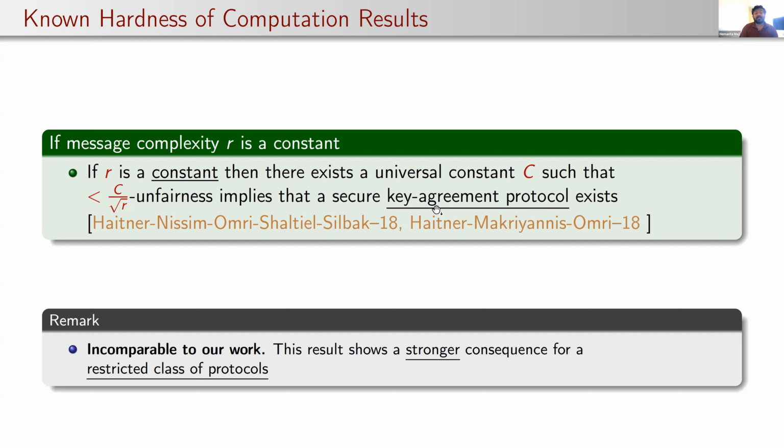So this shows a stronger consequence. However, this is for an extremely restricted class of protocols. Here R is a constant. I state this result up front because this is the only result that we will not subsume. Any questions? Okay.